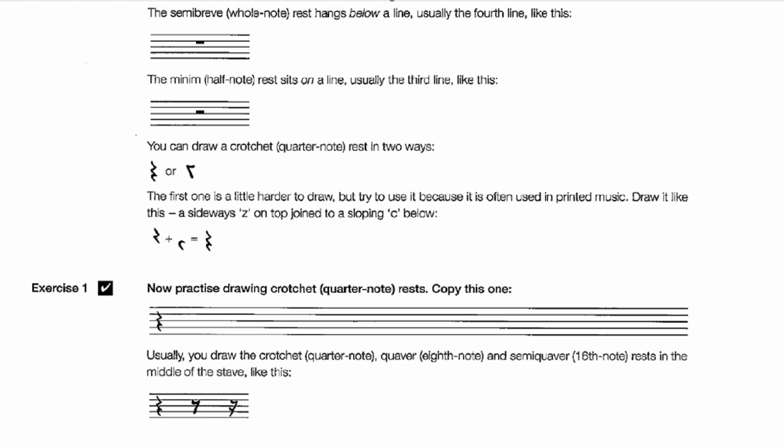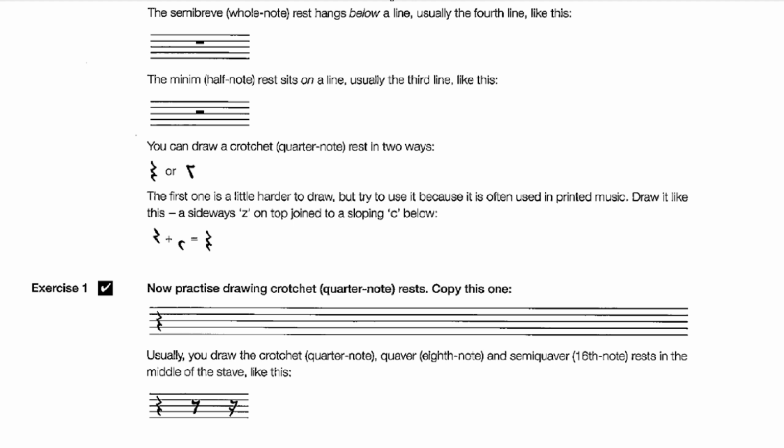We will explore that in a future class. You can think of it as always for now. So we can draw a crotchet rest as I said earlier in those 2 ways. I recommend the first one.